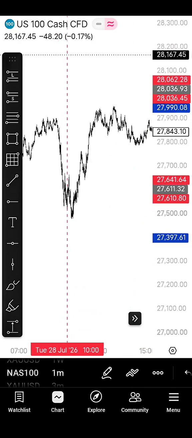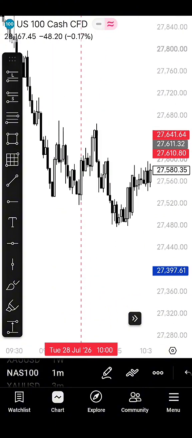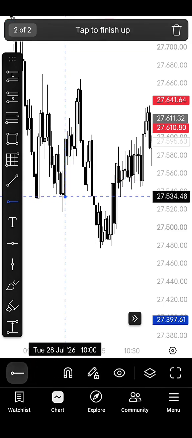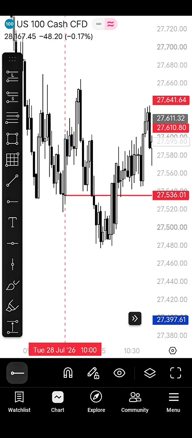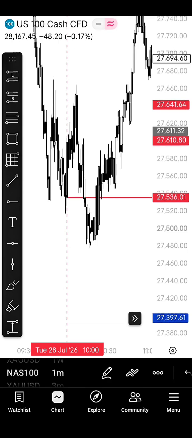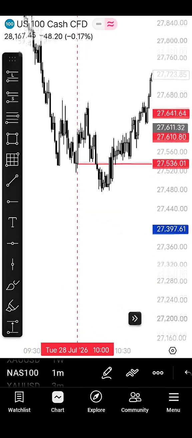Now let's see the Tuesday example. I will say only one thing, guys: always check these power setups with the bias. So now you can see clearly here I am in a bearish trend, a strong bearish trend.